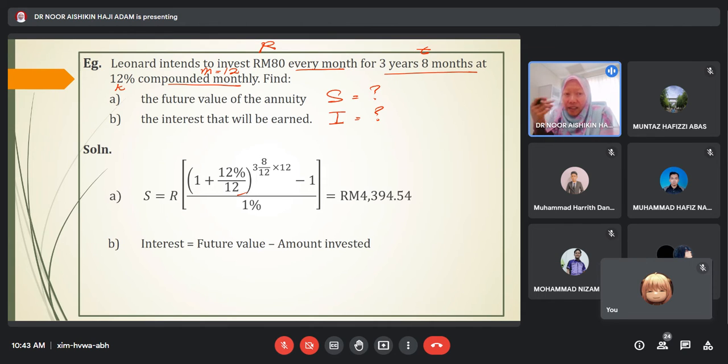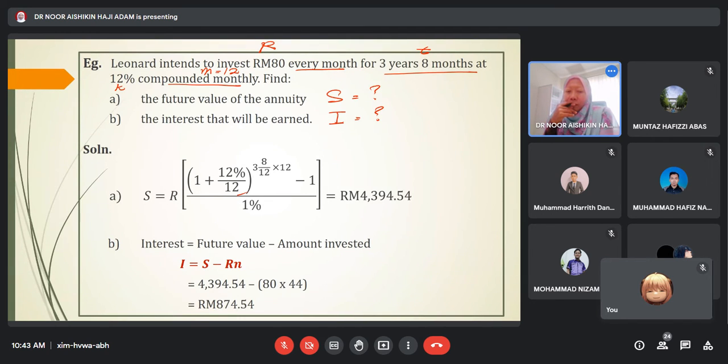They earn interest at 12% compounded monthly. So I is S minus R times N. Right? R times N is the amount invested. Work it out. And you get 874 ringgit and 54 cents. Not bad, isn't it? Nearly 900 ringgit of interest he gets for an investment of 3 years and 8 months.